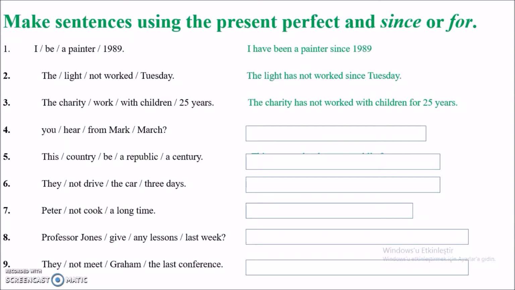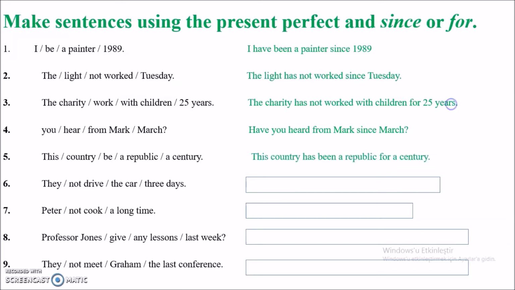In question 4, we are making a question, so we need to start with the auxiliary verb. We would say, have you heard from Mark since March? Number 5, this country has been a republic for a century. Number 6, they haven't driven the car for 3 days.